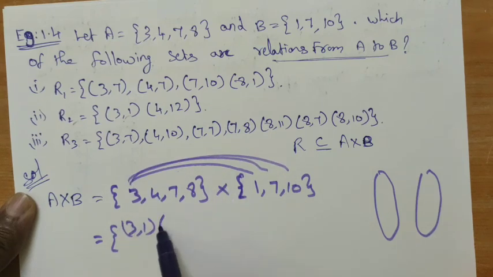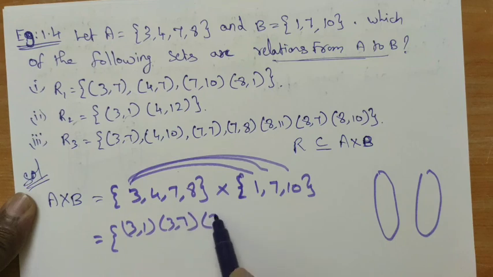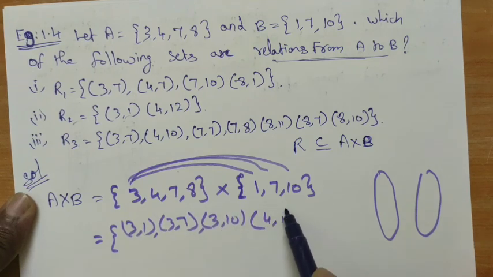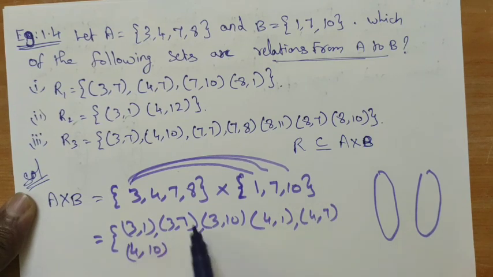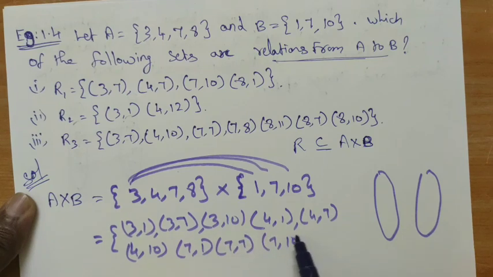So (3,1), (3,7), (3,10), and also (4,1), (4,7), (4,10), then (7,1), (7,7), (7,10), and then (8,1), (8,7), (8,10).